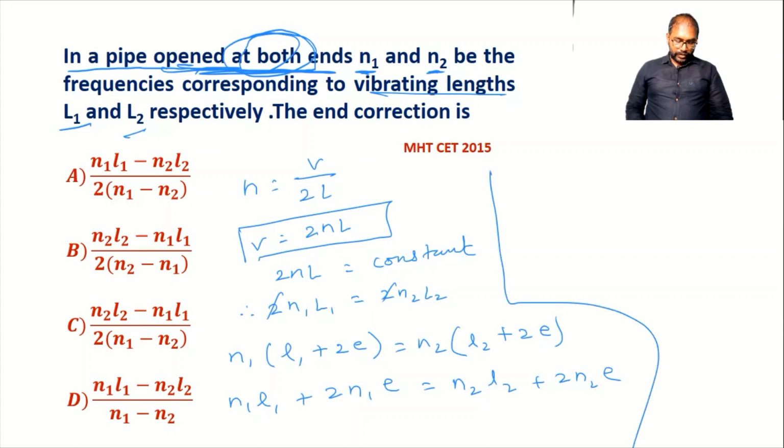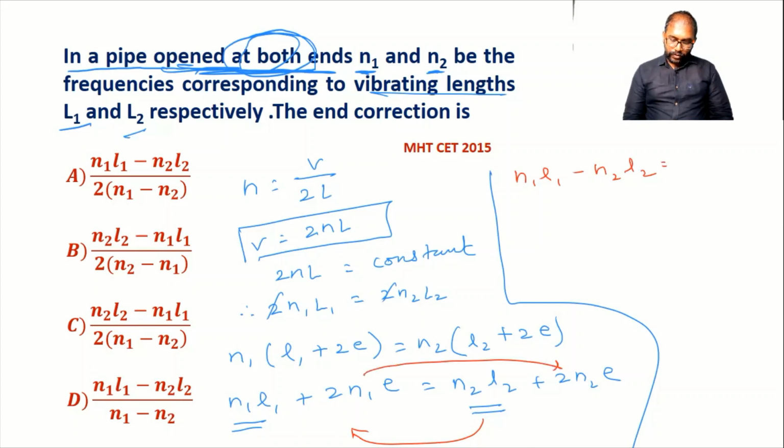Now after that we can write N1L1 and N2L2 to one side. We can shift this N1L1 to the right hand side or N2L2 to the left hand side. Now here I can write N1L1 minus N2L2. I shifted this to this side, then I shift this term to this side.